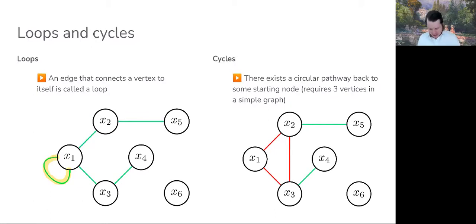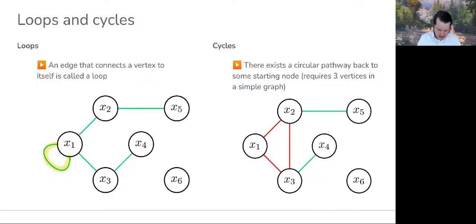So if we look at this example here, we can see a cycle come out. We can see that x1 is connected to x2, which is connected to x3, and now finishing the cycle, connecting us back to our starting point, is this connection between x3 and x1.